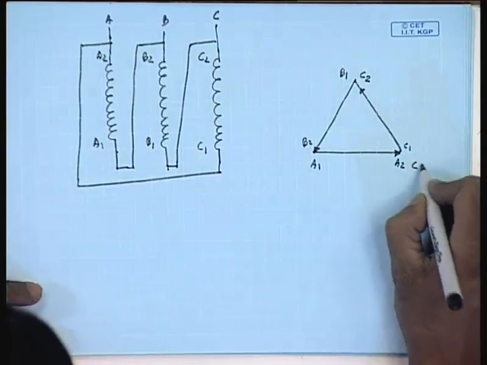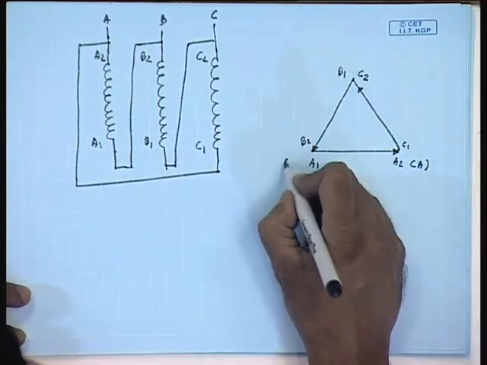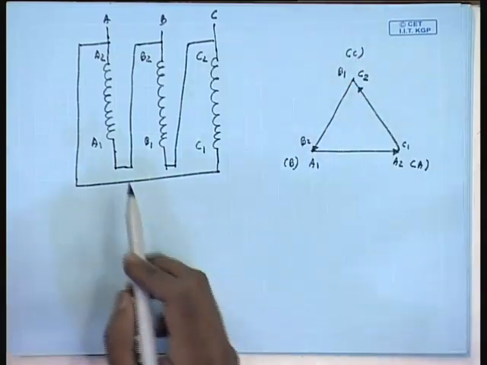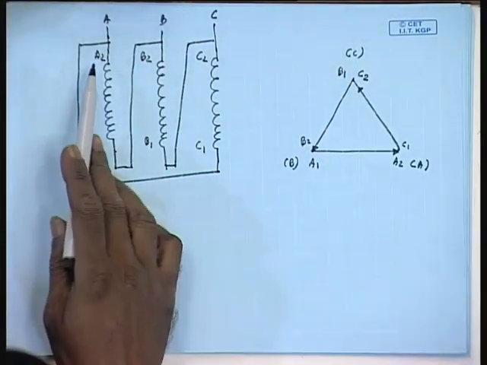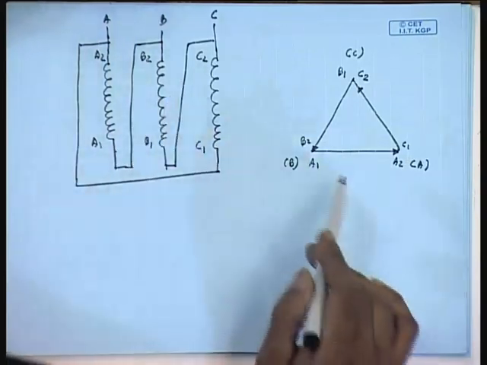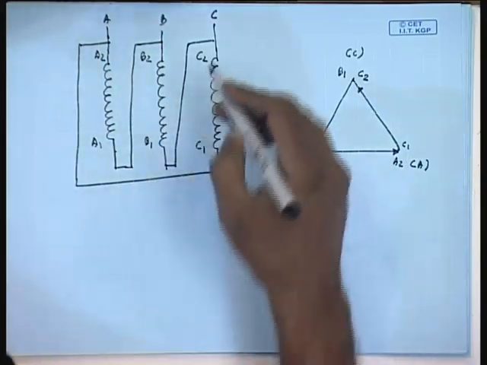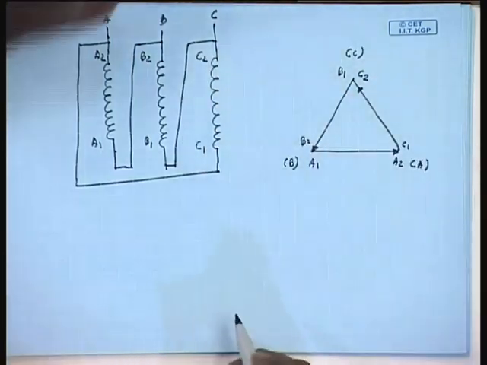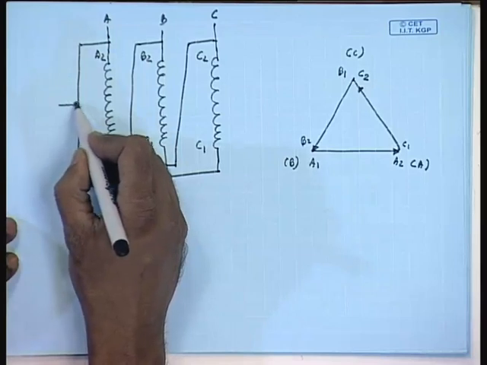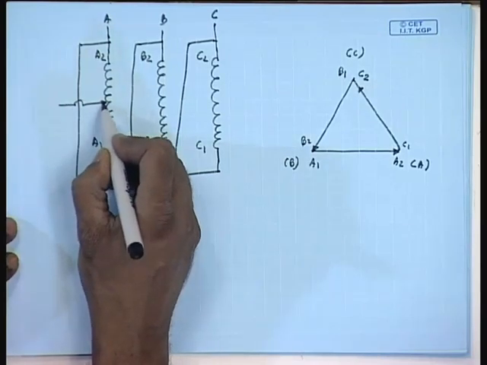This terminal we are calling A, this terminal we are calling B, this terminal we are calling C. That is the junction of A2 and C1 is A, B2 and A1 is B, and C2 and B1 is C. Now, suppose we do the same thing, that is we put certain tappings here.